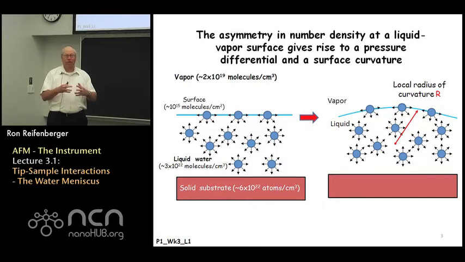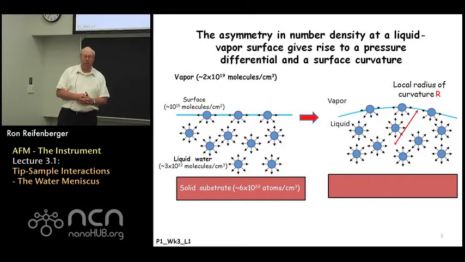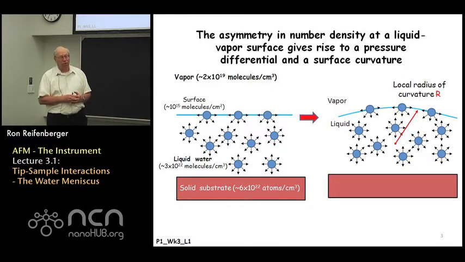The dominant feature that you have to be aware of is that there's about a 1,500 reduction in the molecule number per unit volume between the vapor and the liquid phase. So in the vapor, there's something on the order of 2 times 10 to the 19th molecules per cubic centimeter. In the liquid phase, the number of molecules is increased by something on the order of 1,500.